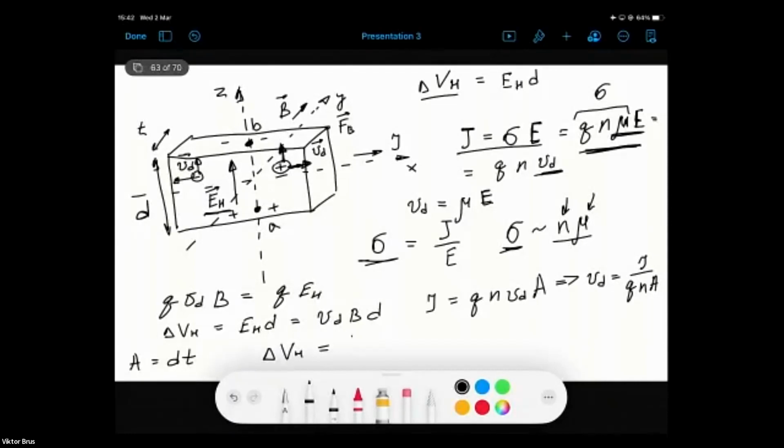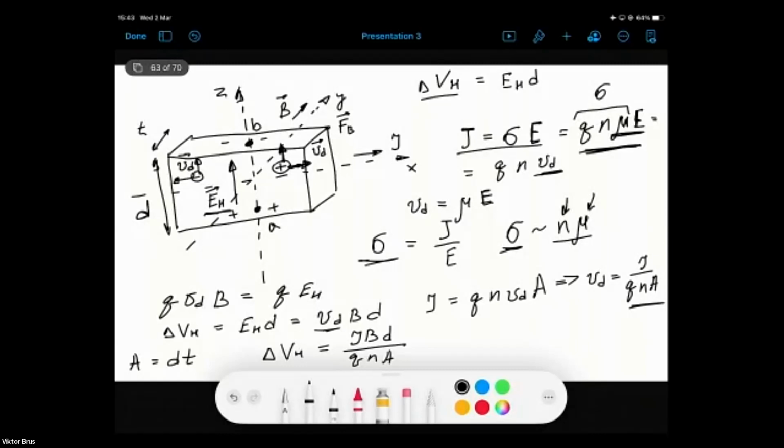That will be I times B times D divided by Q and A. So we just substituted instead of VD, its expression, this one.